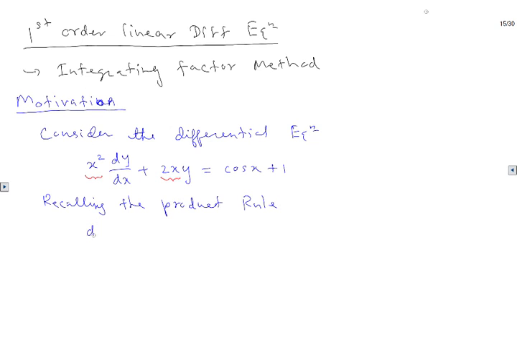If you write the product of the two functions x² and y and use that result, x² is u, v' means dy by dx, plus v, that means y, times u', which is 2x.